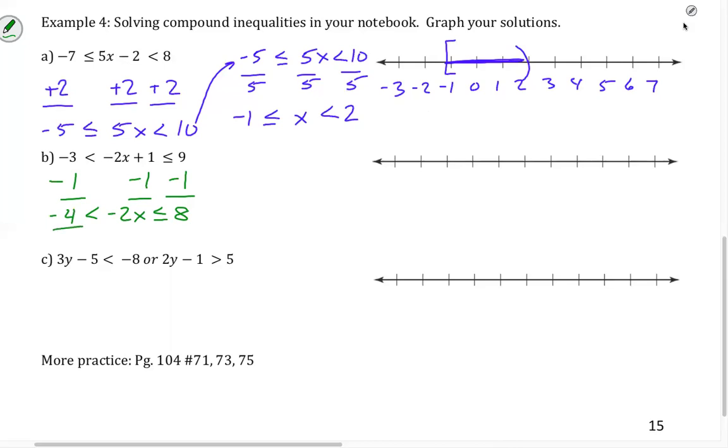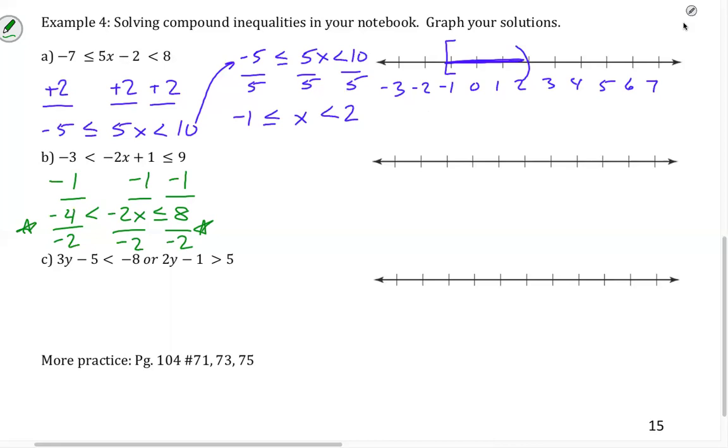And the one thing we need to be careful about right here is what, Hans, what do I have to remember to do in this step? Which step? The one I just started.